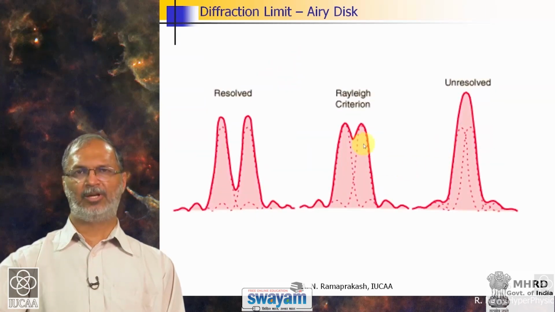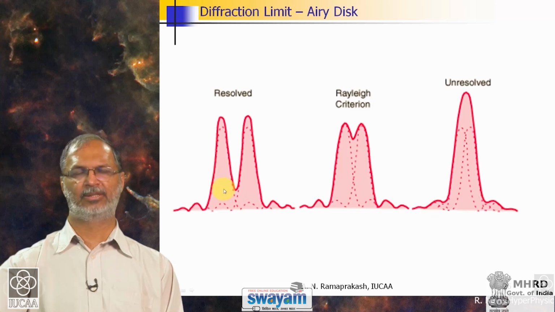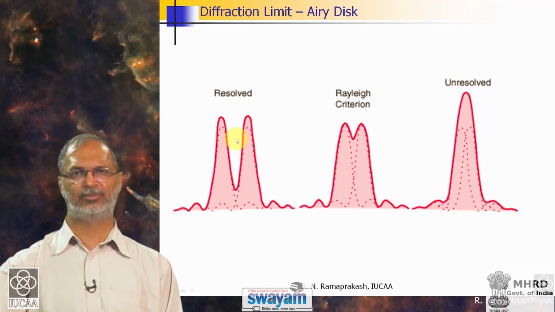Now, if I have two such objects in the sky which are slightly separated in angular position, you will see two Airy disks. You can see here the central spot of one of the Airy disks, and the dotted line shows the Airy disk pattern of one of the spots, and this is a second spot in the sky at a slightly different angular location, with its own Airy disk pattern.